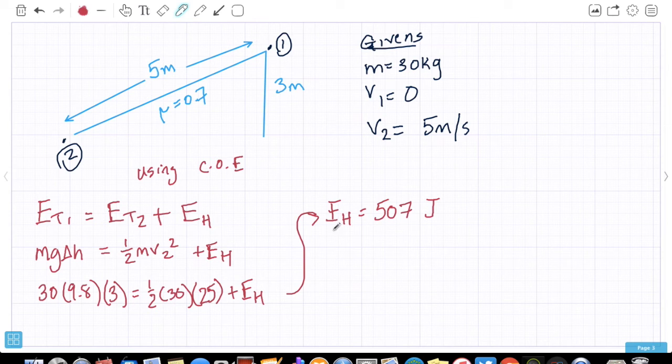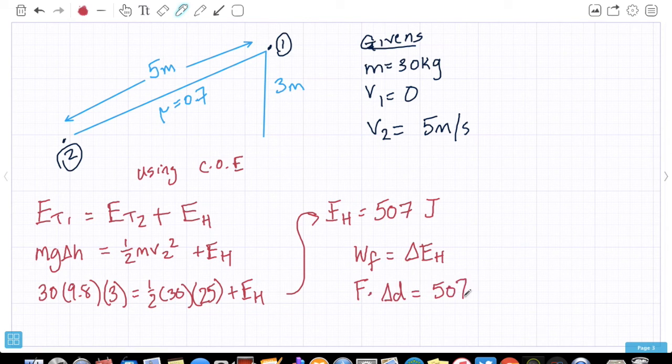Now, this is the energy lost due to heat, but it's also the work done by friction. So the work done by friction is equal to the energy lost by heat. Well, these numbers are the same. So another way that we can express work is using force times displacement.